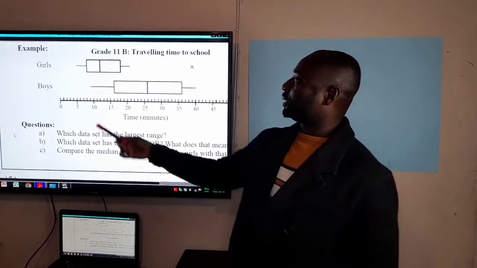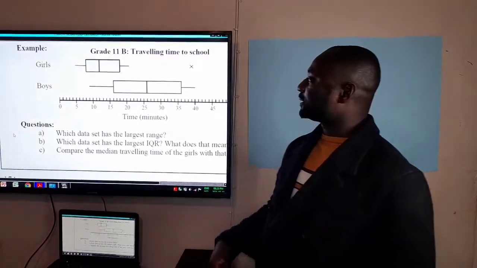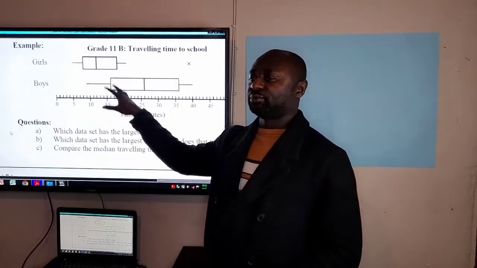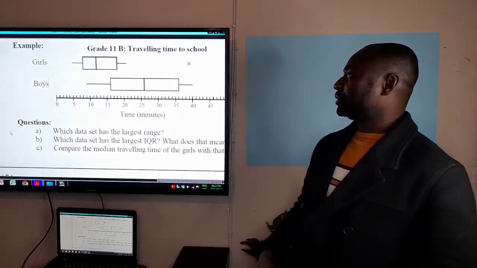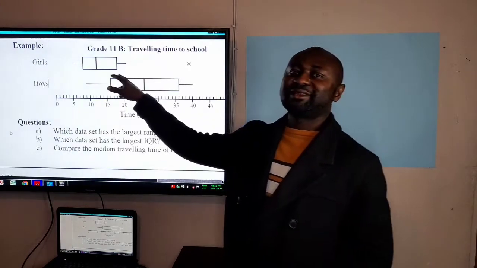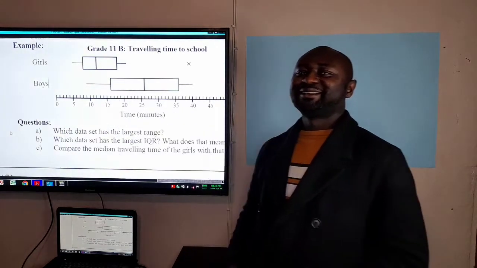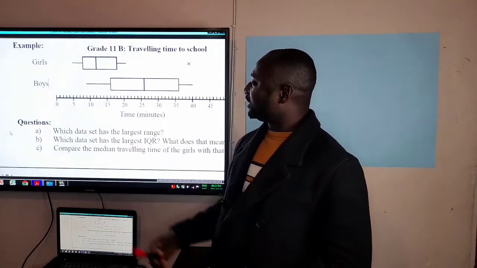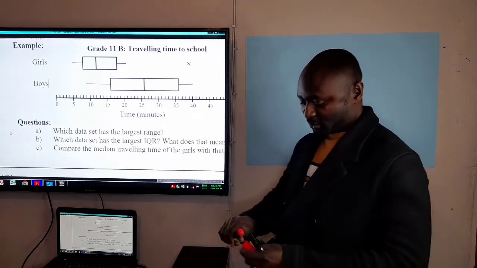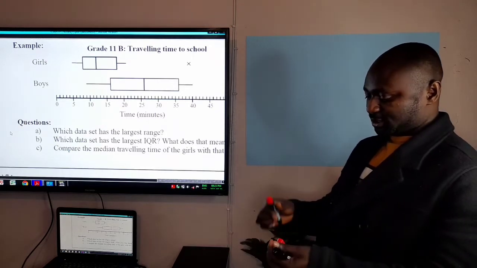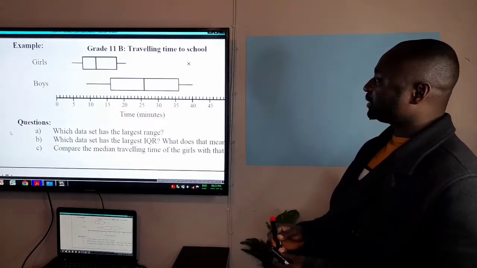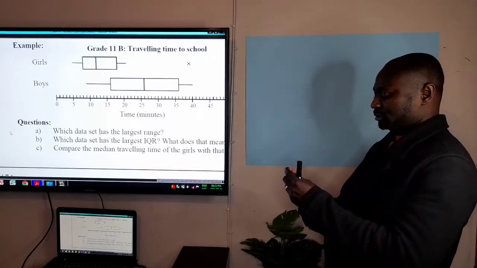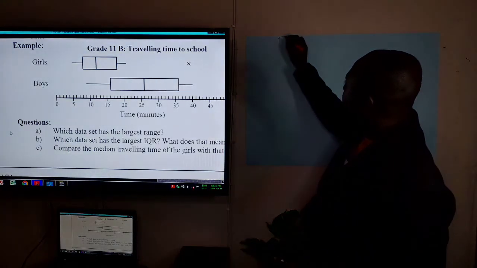Now when we look at the girls, to answer any question, you need to extract your 5-number summary from both box and whisker diagram. So now let's see the girls. We are going to look at the girls and check our 5-number summary.